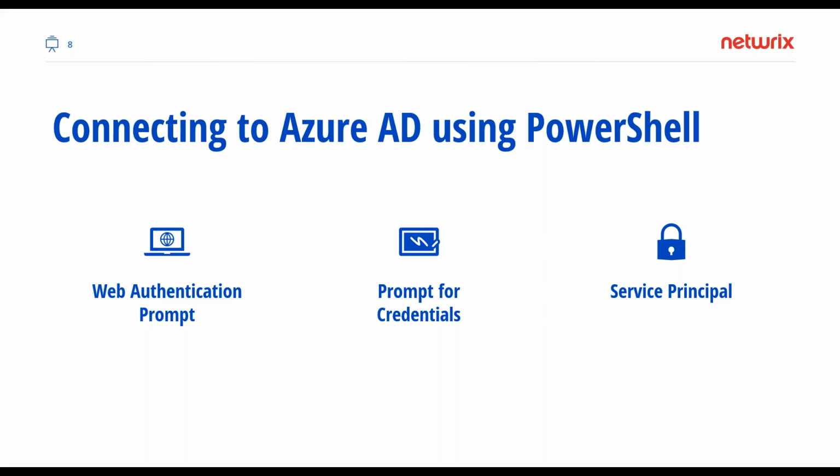And then when the credentials have been passed, that window will automatically close, returning the session back into that PowerShell ISE window. Now, that's the one that you should be utilizing if you have any type of multi-factor authentication, whether it's a third-party multi-factor or you're using the Azure AD multi-factor services.